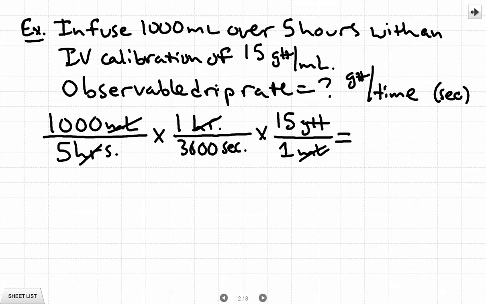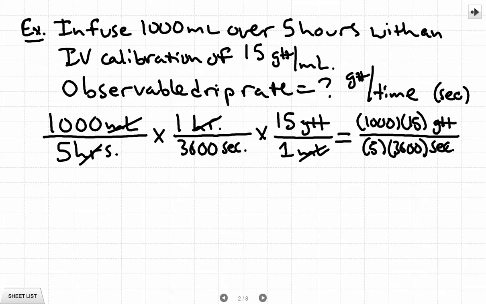And if we do the calculations here, the 1,000 times 15, and that's drops over the 5 times 3,600, and that's seconds. This comes out to, when you do the multiplication and division, 0.83 drops per second.